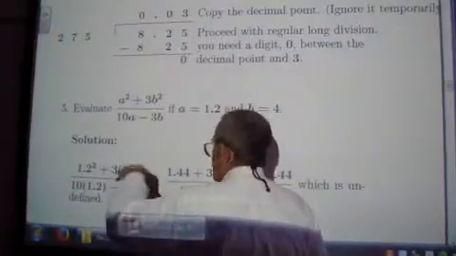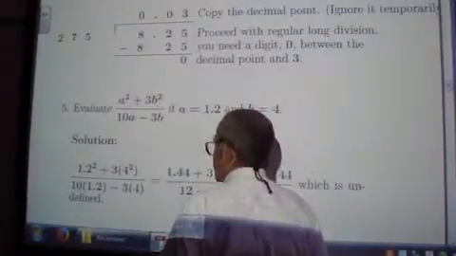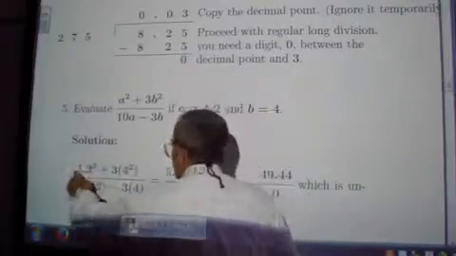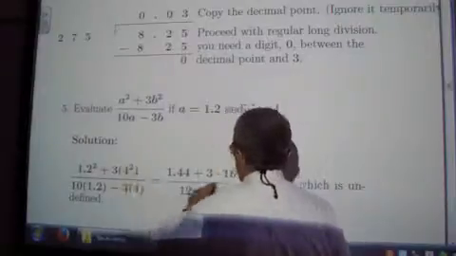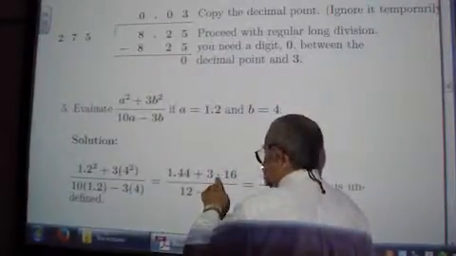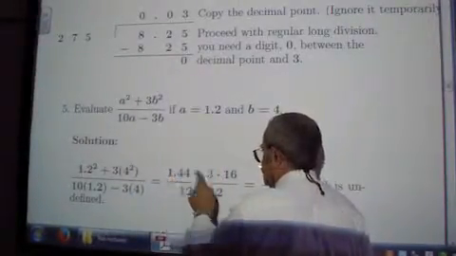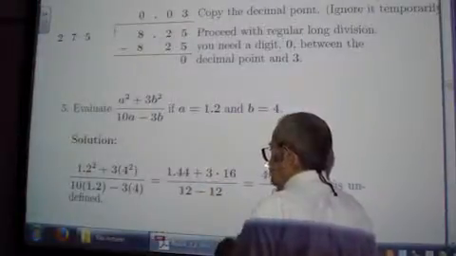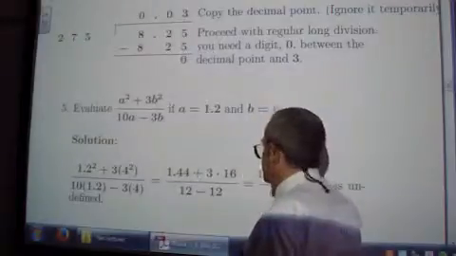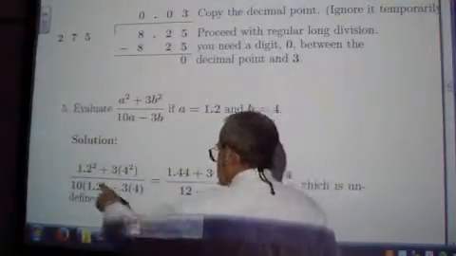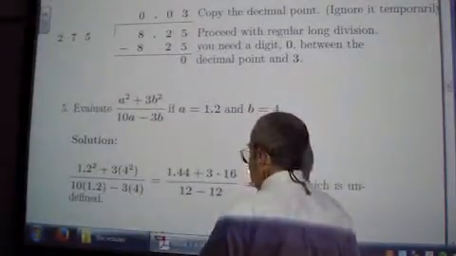Open parentheses, drop your numbers in, and then crank out the numbers. 1.2 times 1.2 is 1.44. 3 times 16, that's a times, not a decimal point. Decimal point here, multiplication sign here. Remember the confusion between the two? Be careful. And then the denominator is 12 minus 12.